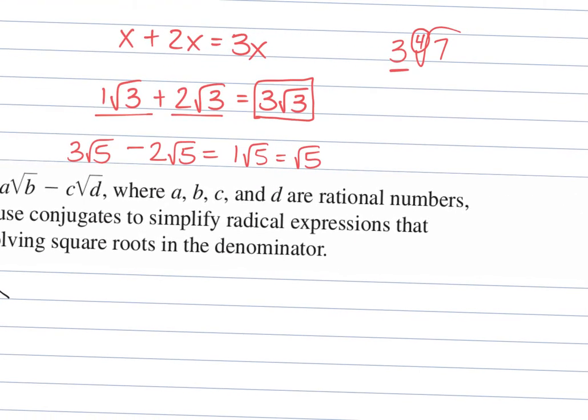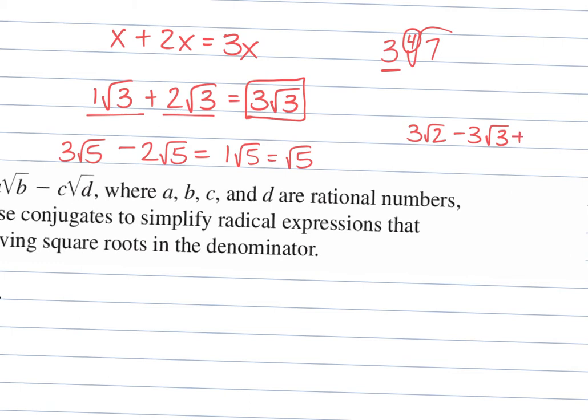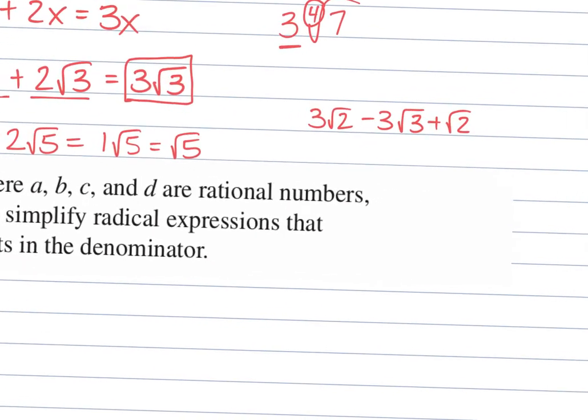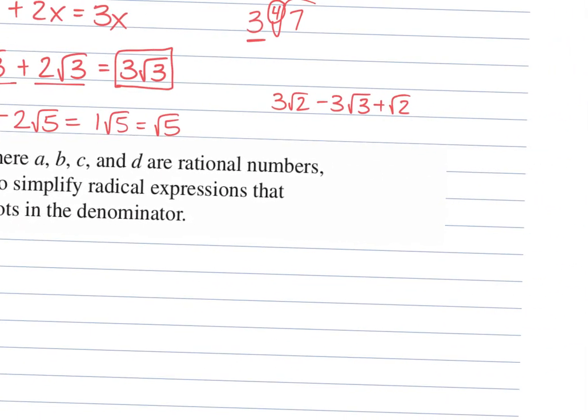Let's say we had 3 square root of 2 minus 3 square root of 3 plus the square root of 2. Okay, let's see. Which of these can I combine and why? Hannah?